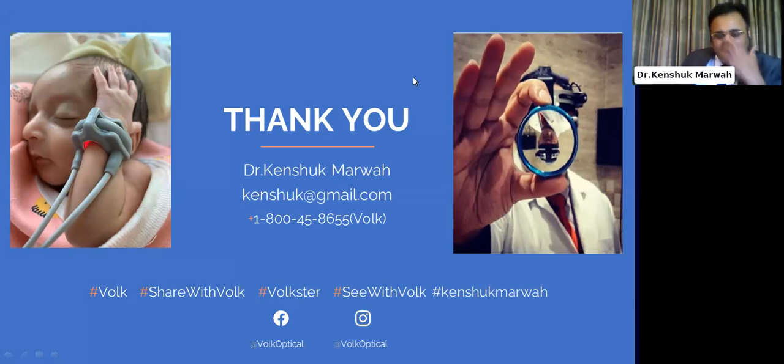Yeah. Like I said in one of the slides, while you are doing indirect ophthalmoscopy, the first thing is that you close each eye separately. The difference in the BIO is that it is binocular. The name itself suggests that you are using both eyes. So when you put a binocular on your head, first see that it is comfortable.